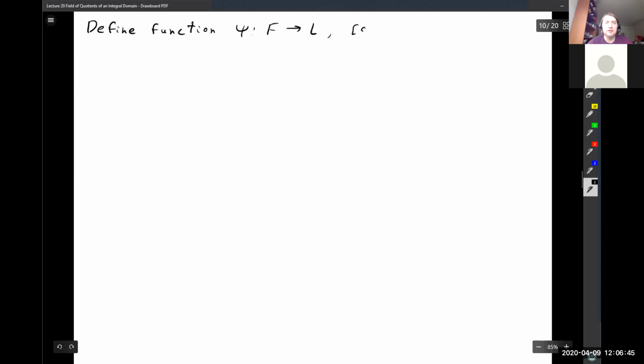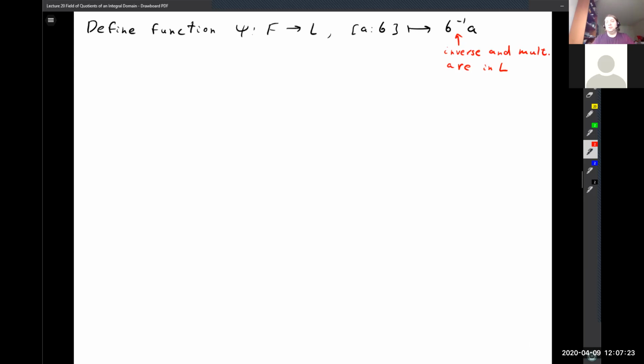Elements of F are equivalence classes of quotients, and we will send A over B to B inverse A. An important part is that the inverse and multiplication on the right hand side are in L.